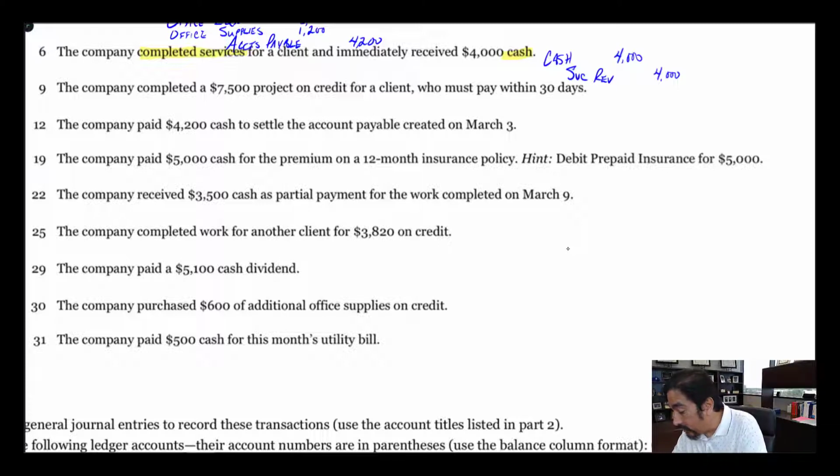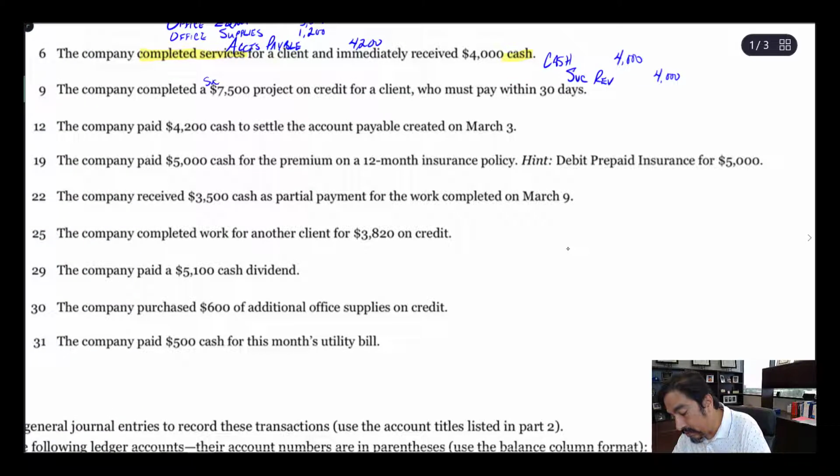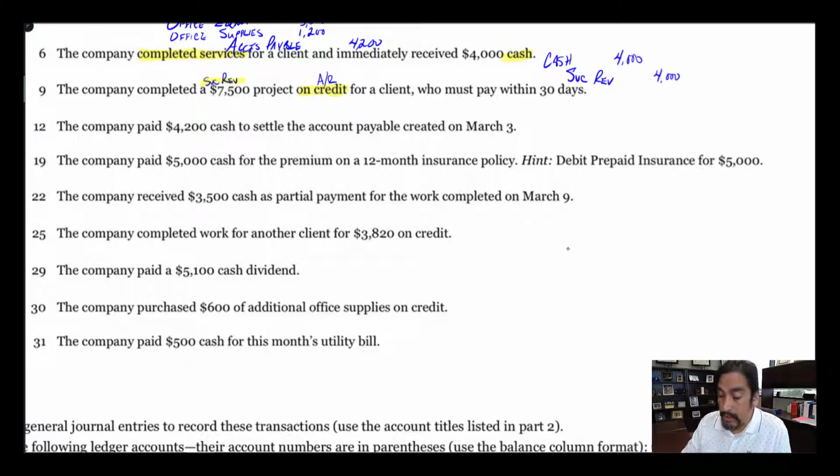And it doesn't quite say that in there, but this is service revenue. And the other account is accounts receivable, because a customer has paid for something on credit with us. So it means the customer owes us accounts receivable.